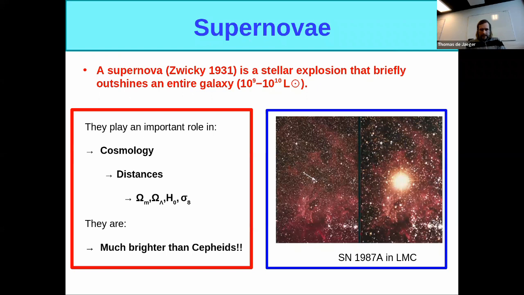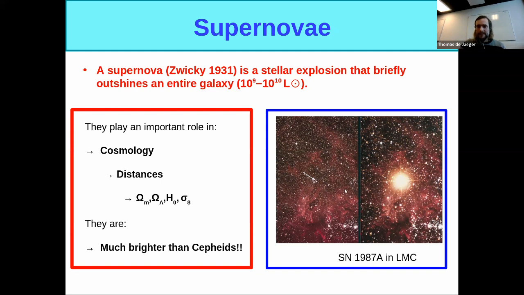The term supernova was first used by Zwicky in 1931, and a supernova is a stellar explosion that can briefly outshine an entire galaxy. Here I'll show you one of the most famous examples of a supernova. This was a type II supernova, which exploded in the Large Magellanic Cloud. It's called SN 1987A, A because it was the first of the year, so we don't have a lot of imagination for the name.